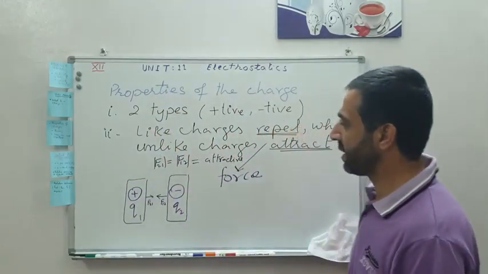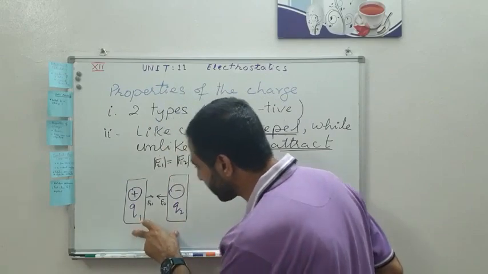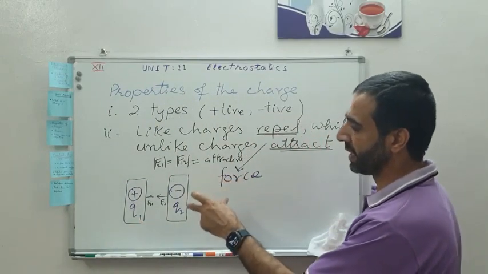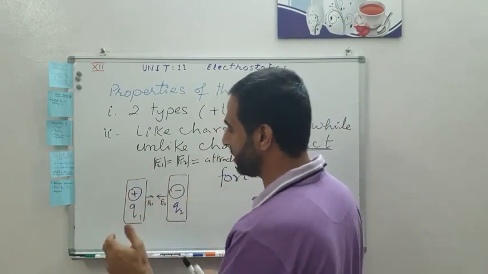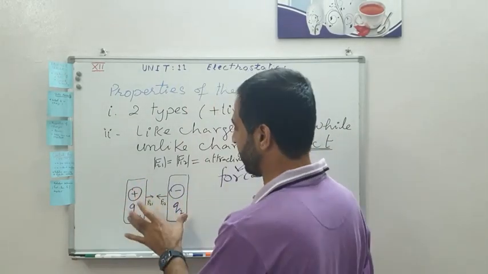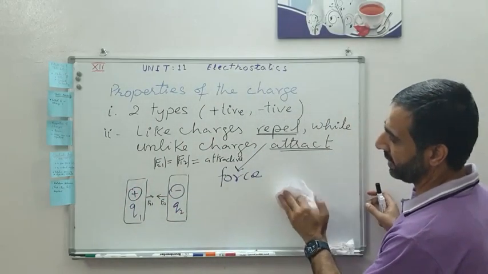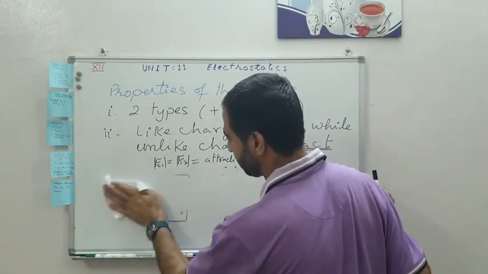So in the same way, the electrostatic force arises because of the interaction of the electric fields of the two charged bodies. When they interact, there will be electrostatic force. So that is the second point.